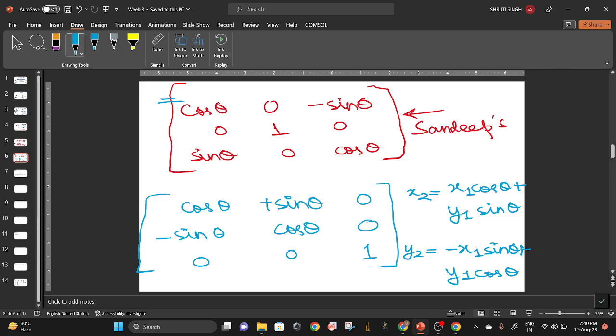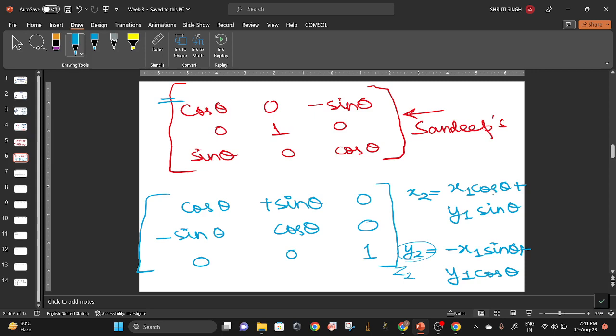So when we are replacing, the old x2 in the z axis rotation will now be Z2. This Z2 is matching with our actual.